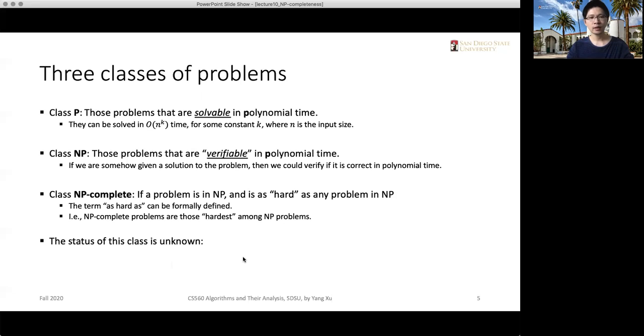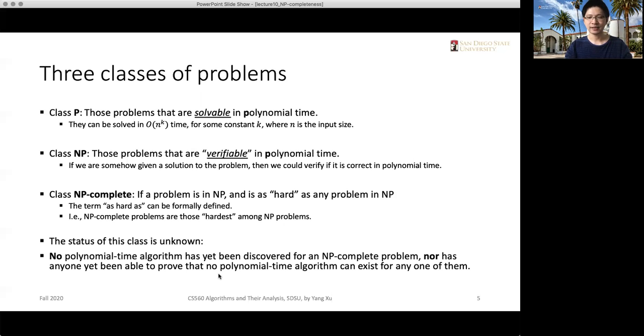Having those three types laid out, unfortunately, the status of the NP-complete class is unknown. That means no polynomial time algorithm has been discovered yet for any NP-complete problem, nor has anyone been able to prove that no polynomial time algorithm can exist.